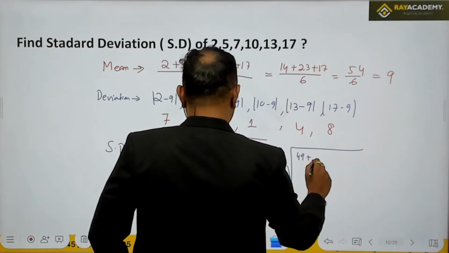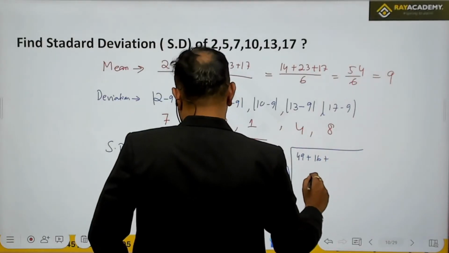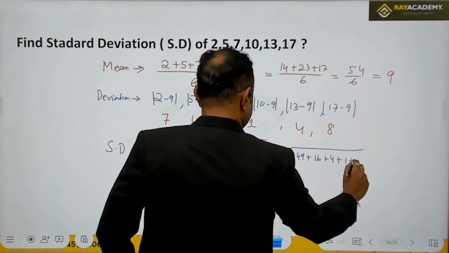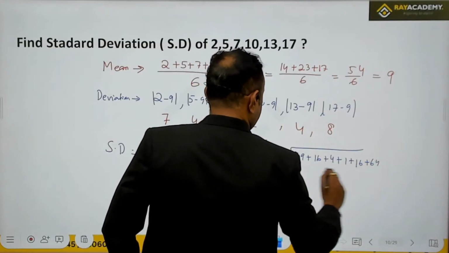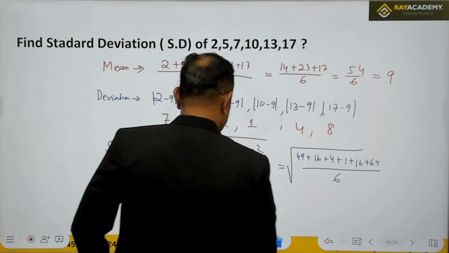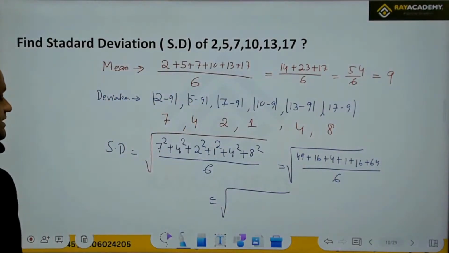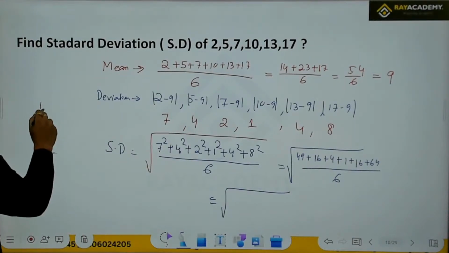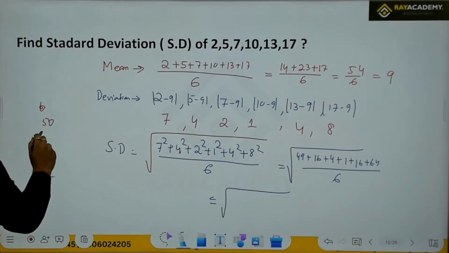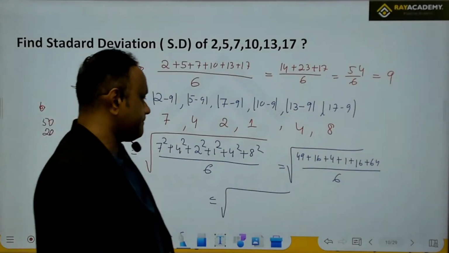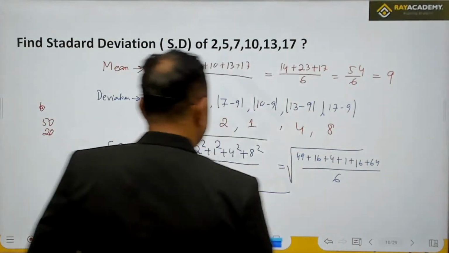This is the square root of 49 plus 16 plus 4 plus 1 plus 16 plus 64, divided by 6. Let me calculate. 49 plus 1 is 50, 16 plus 4 is 20, 16 plus 64 would be 80.